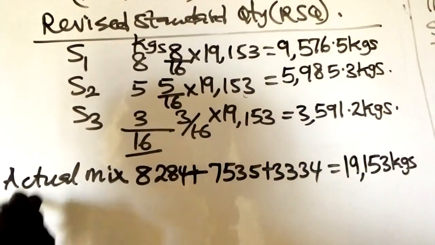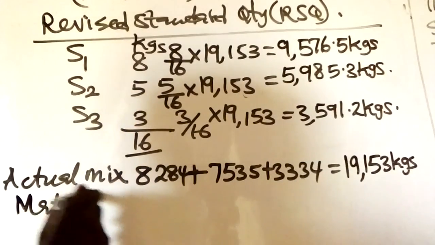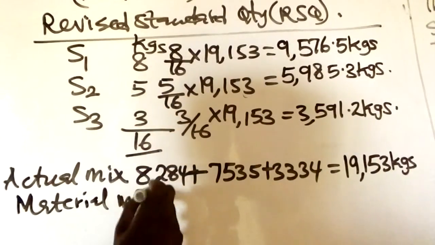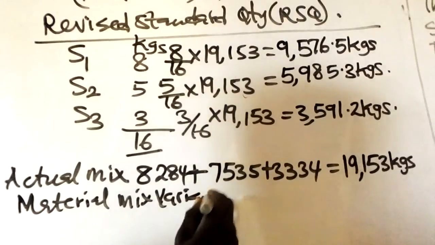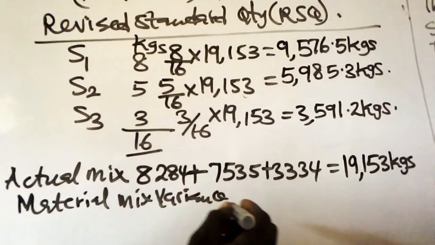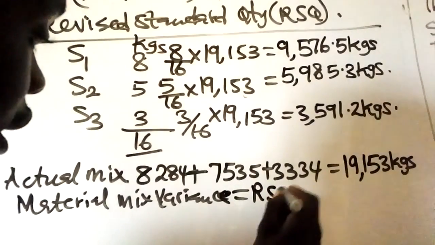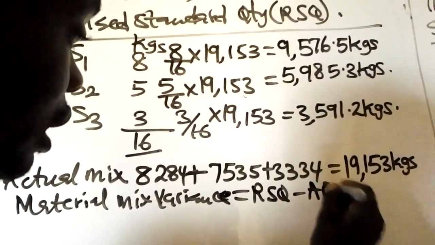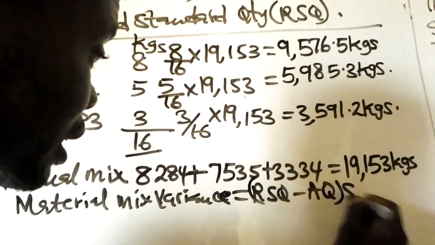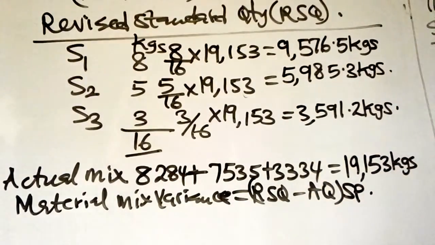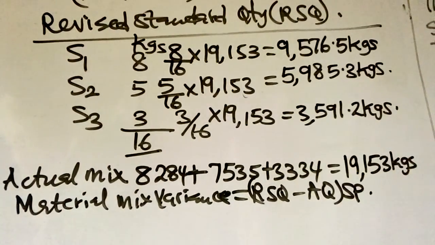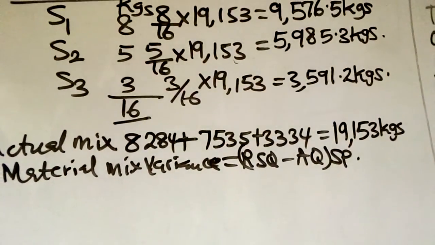I told you that material mix variance, I said it is equal to the revised standard quantity minus actual quantity multiplied by the standard price. And you have 3 materials.